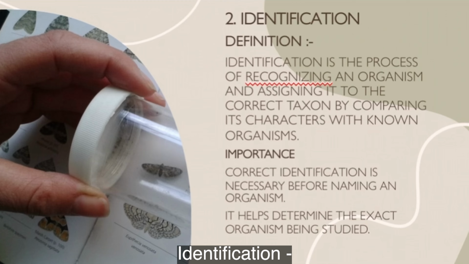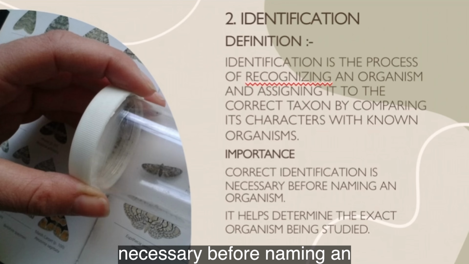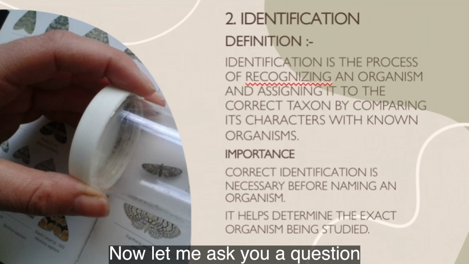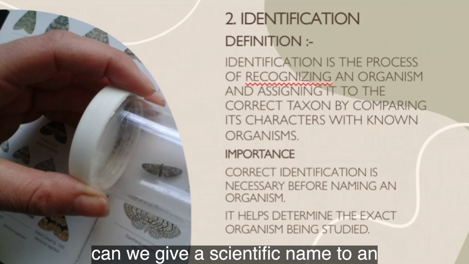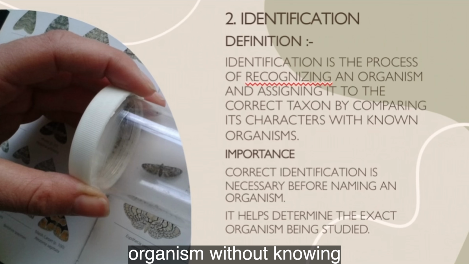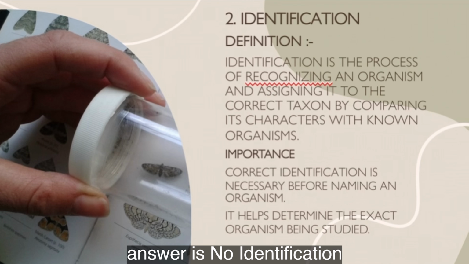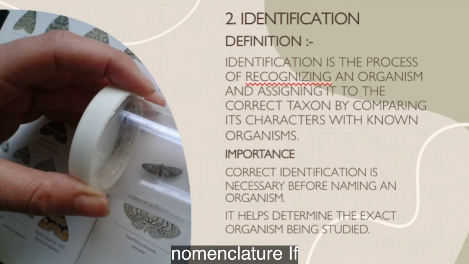Importance of identification. Correct identification is necessary before naming an organism. Now, let me ask you a question. Can we give a scientific name to an organism without knowing what it actually is? The answer is no. Identification always comes before nomenclature.